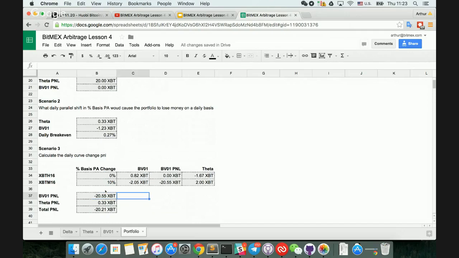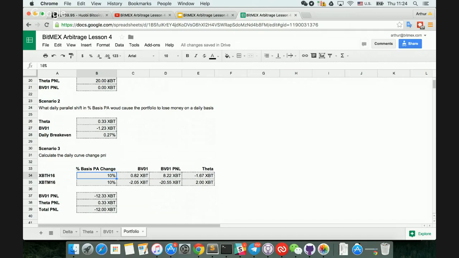Now, maybe we don't have enough capital to support this trade at certain levels of steepness in the curve, and you need to know what those levels are before you put on the trade, because if the market is more rational than the solvency of your portfolio, your positive theta trade could end up in a margin call situation where you lose your equity. Now remember, let's assume a parallel shift. Even at a parallel shift of 10%, we're still losing money. If we do want to put on a mark-to-market curve trade, i.e.